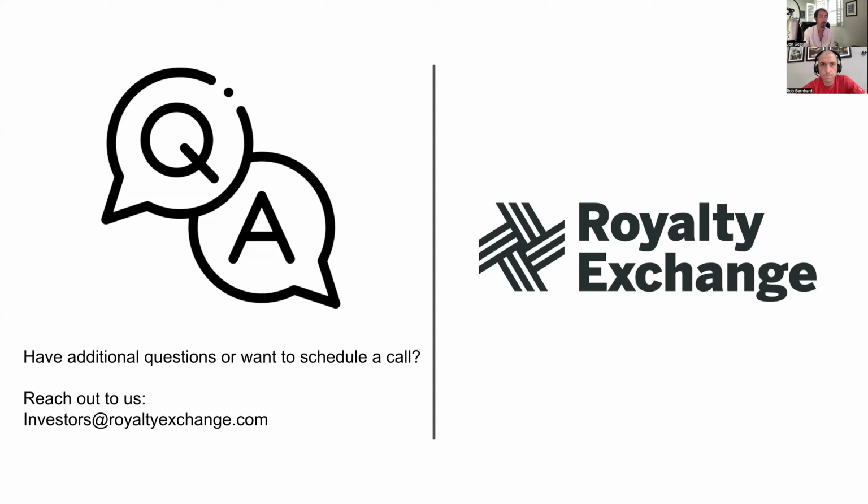Next question here. Knowing you can't give tax advice, nevertheless, how do most investors in this industry handle their tax status, situation, and filing? So yeah, we can't give tax advice. Like Rob said, you'll get a 1099, so however you want to handle income like that is really up to you. Plenty of people run their income through a trust or an entity, and plenty run it through their own individual holdings.